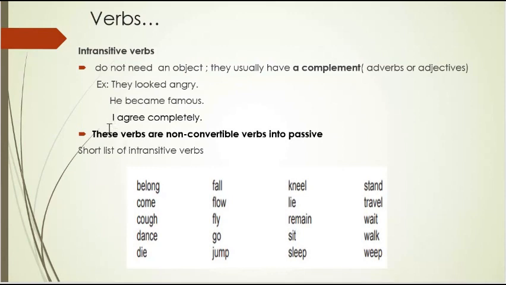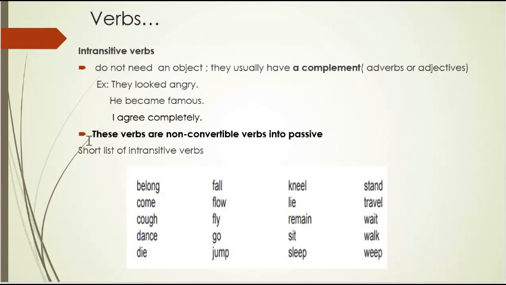The other, the same example, is I agree completely, or we can say I agree. So the verb agree doesn't need an object, rather a complement might be used here, one of the adverb or the adjective. These verbs are non-convertible into passive.